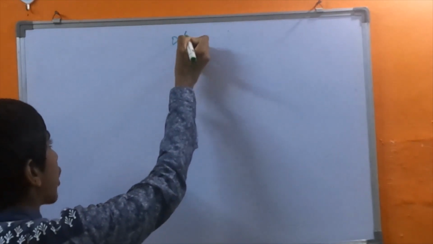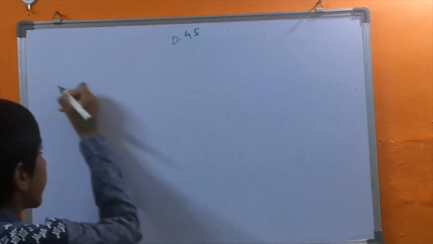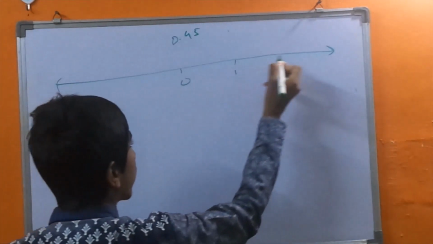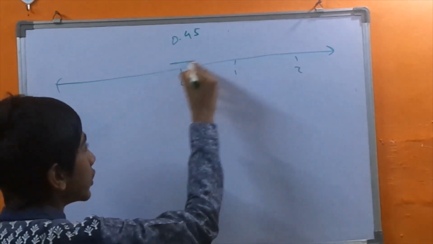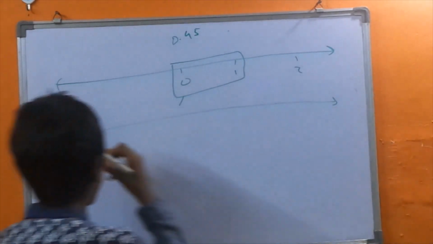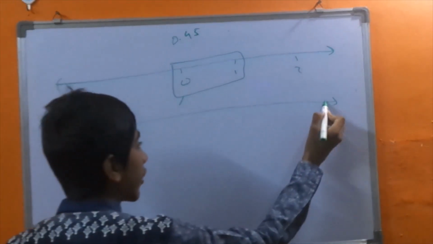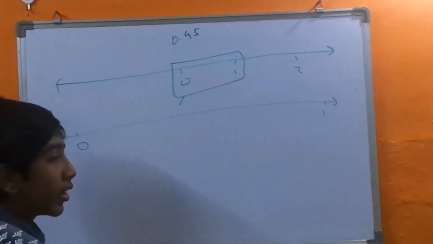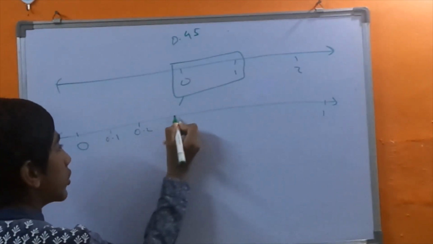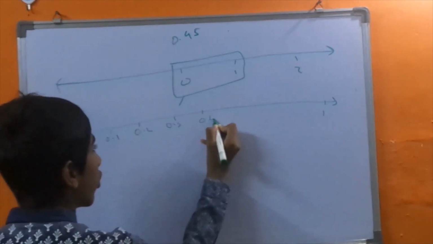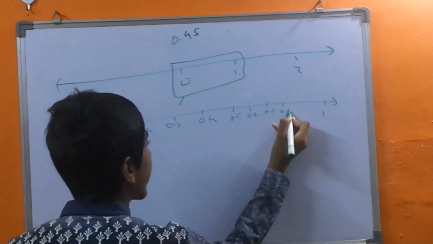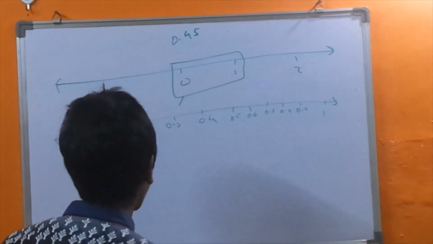First, we draw the number line and mark 0, 1, 2. Now, 0.45 is between 0 and 1. So, we magnify this part. Again, we draw a number line with 0 here and 1 here. We divide it into 10 parts. So, 0.1, 0.2, 0.3, 0.4, 0.5, 0.6, 0.7, 0.8, 0.9 and 1.